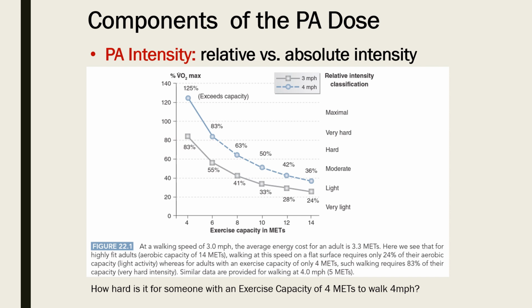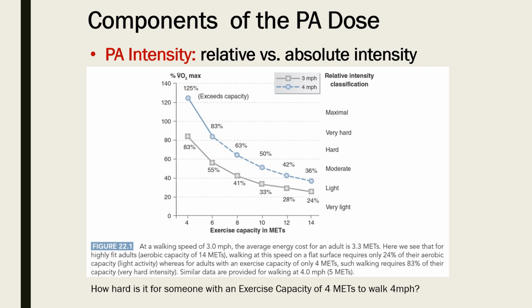For example, walking at 3 miles per hour represents a relative intensity of 24% for a highly fit individual with a 14 MET capacity, making it a light intensity activity. However, for someone with a 4 MET capacity, walking at the same speed represents a relative intensity of 83%, making it a high intensity activity for that less fit individual.